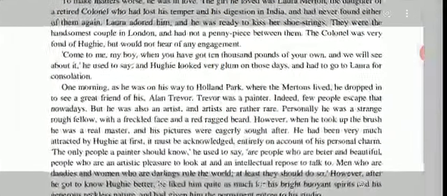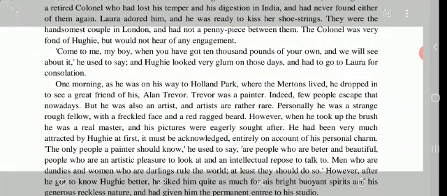"Come to me, my boy, when you have got 10,000 pounds of your own." Now this is a dialogue between the colonel and Hui Erskine. So he is calling him "my boy." "When you have got 10,000 pounds of your own."